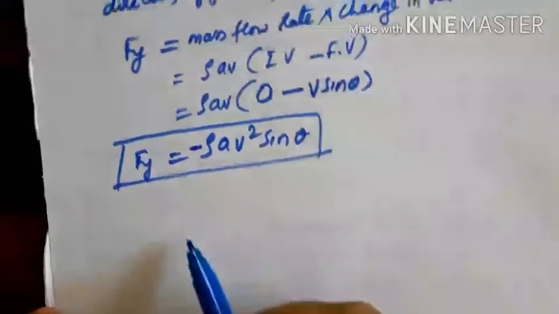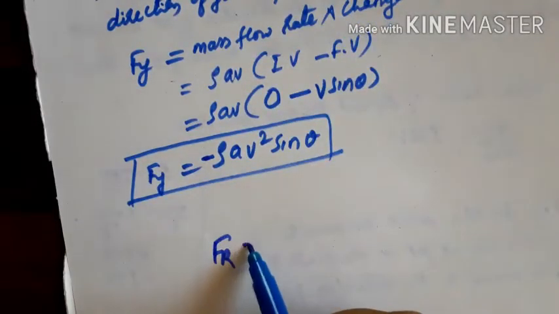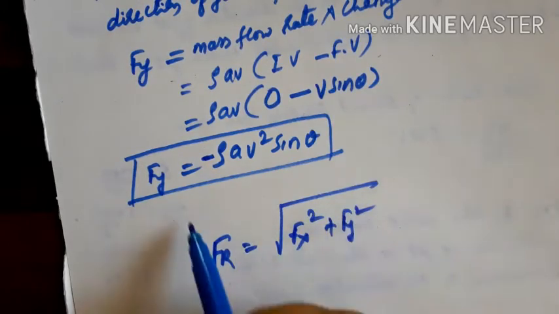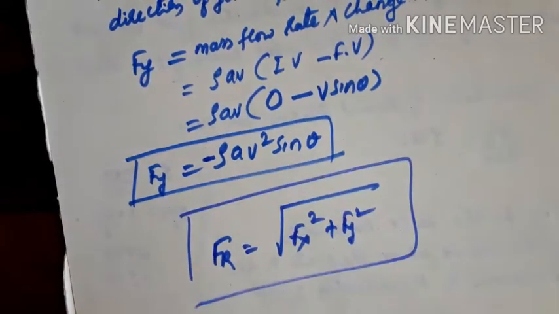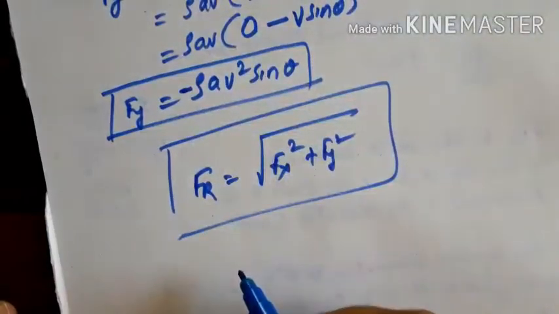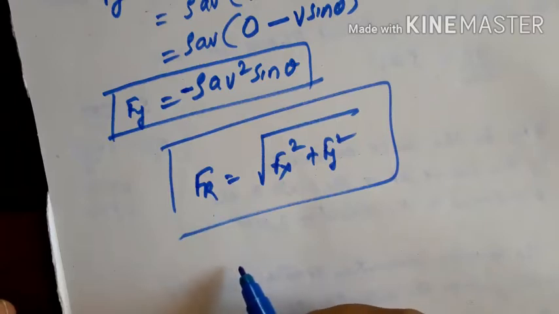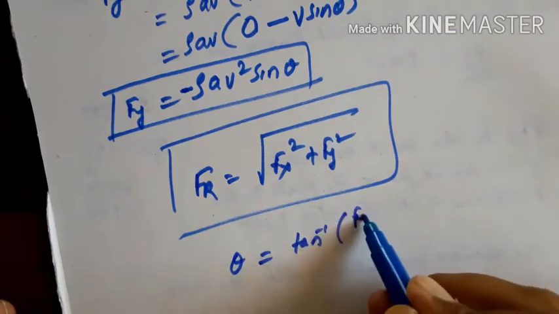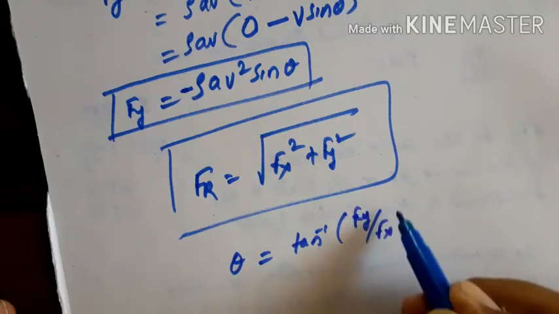Finally, how can the resultant be given? The resultant is the root of Fx square plus Fy square. This is the magnitude of the resultant force, and the direction can be given as theta equals tan inverse of Fy by Fx.